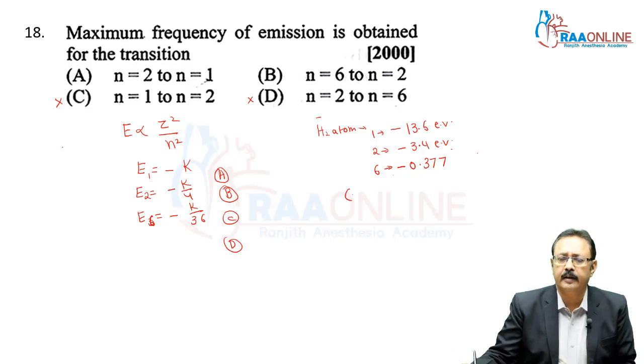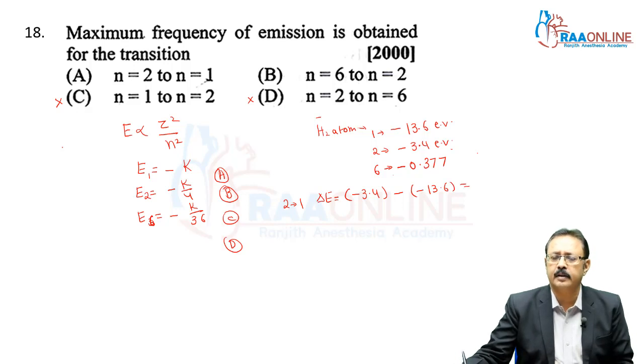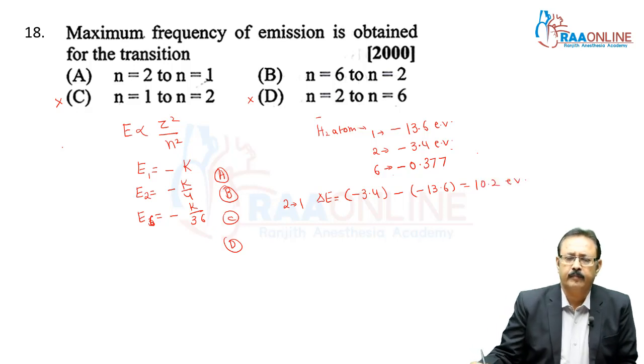So when it will jump from second to first, delta E from second to first, minus 3.4. What is the excess amount? It is in second orbit, it is in first orbit. Excess amount was 10.2 electron volt. When it is coming from 6th to 2nd, what is excess energy?